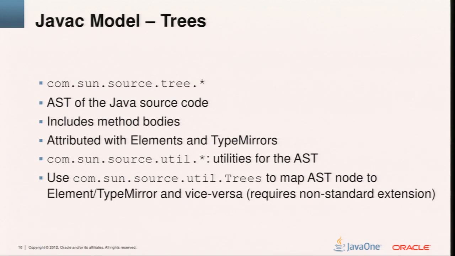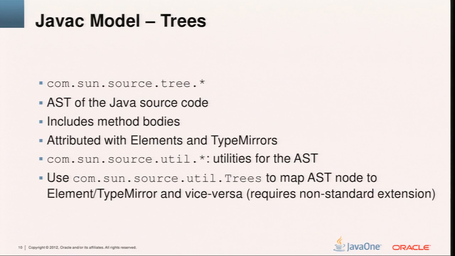So now let me switch to the third piece of the Javac model, probably the most interesting one, and that is the AST trees. These are defined in the com.sun.source.tree package.